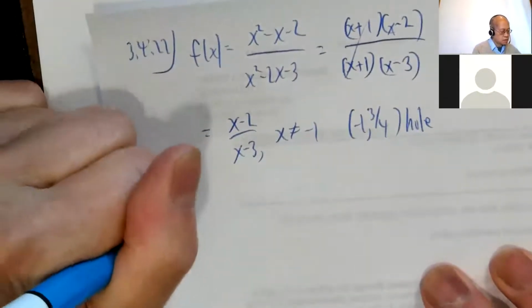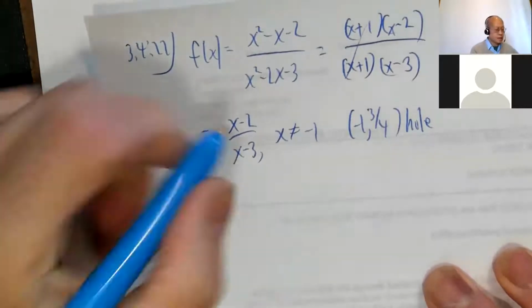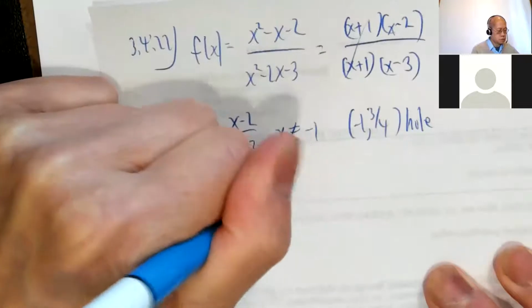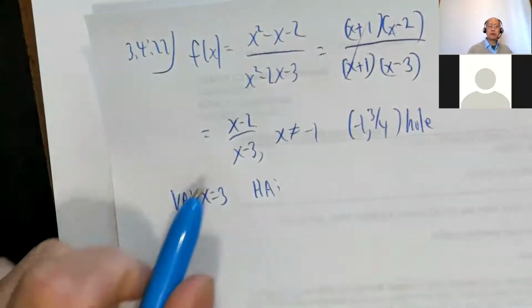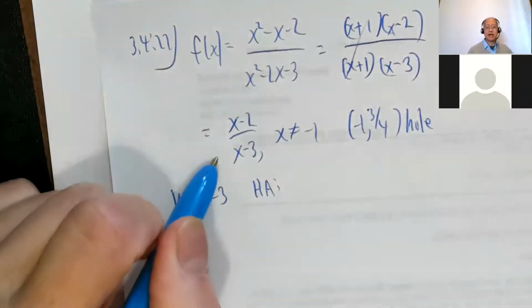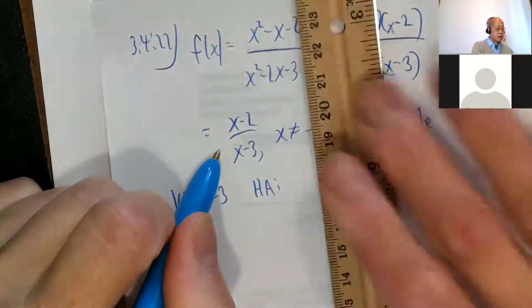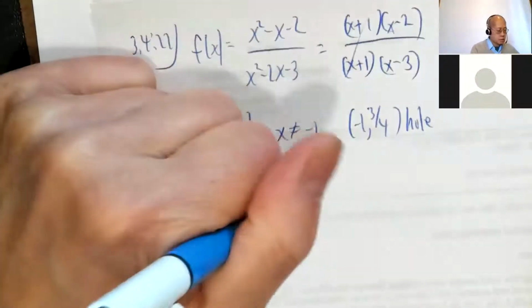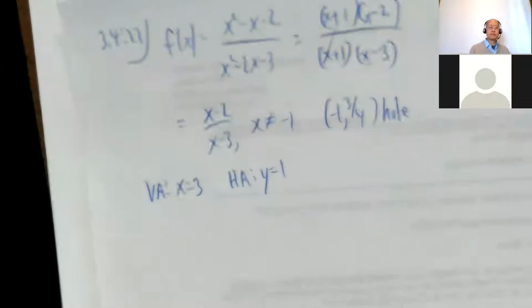So I just analyze this. Vertical asymptote, x = 3. Horizontal asymptote: first degree, or I could go back to this, but as long as I've got an easier one, I want to take the easier one. Just look at the leading coefficients, 1x divided by 1x, y = 1.